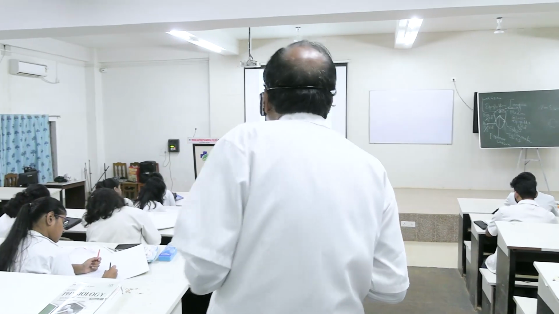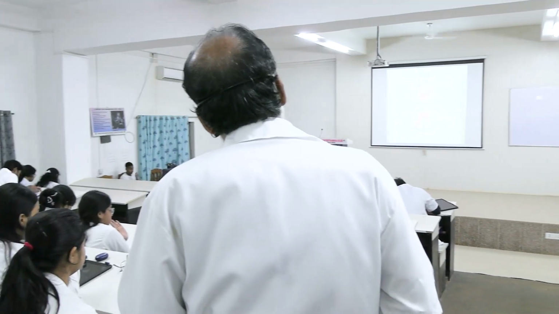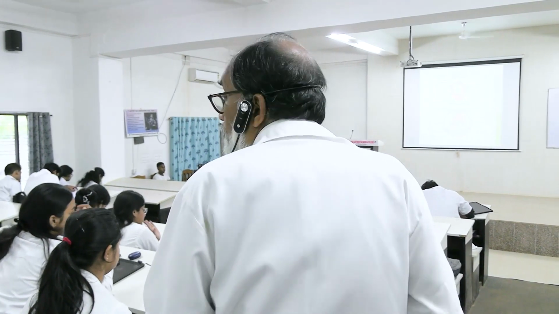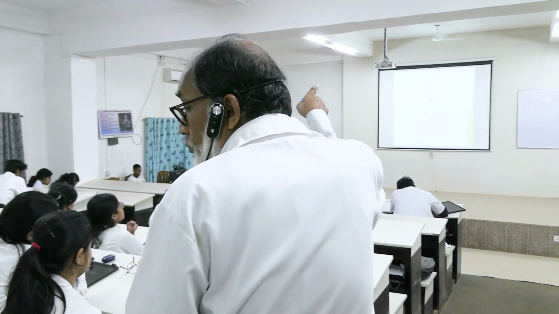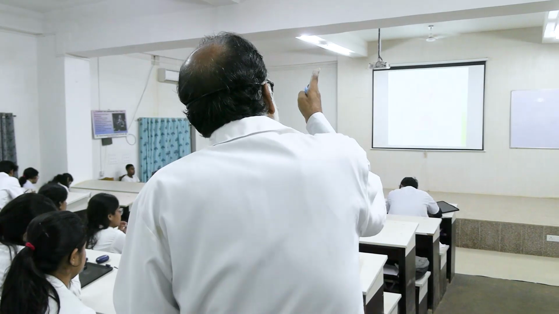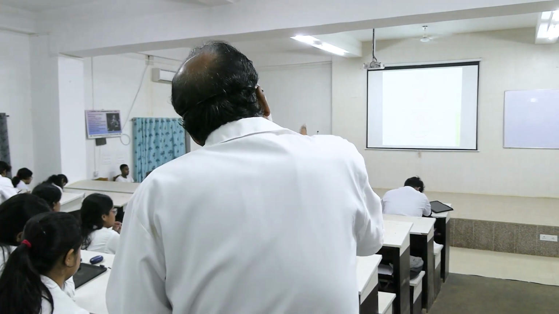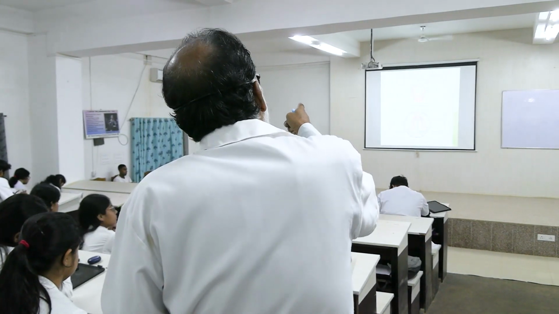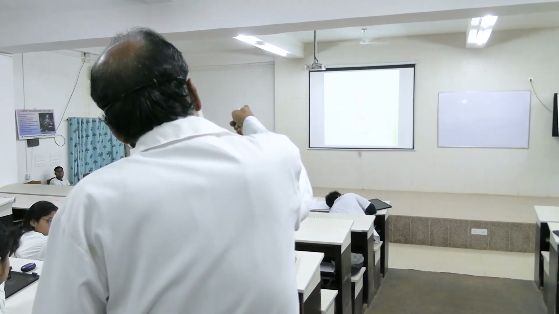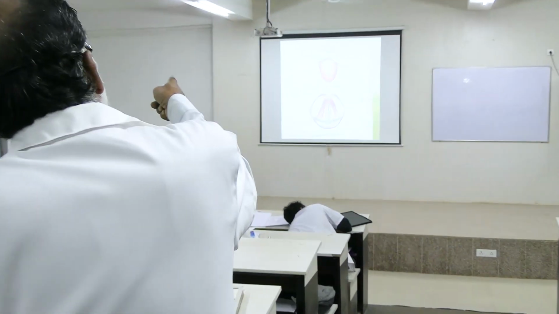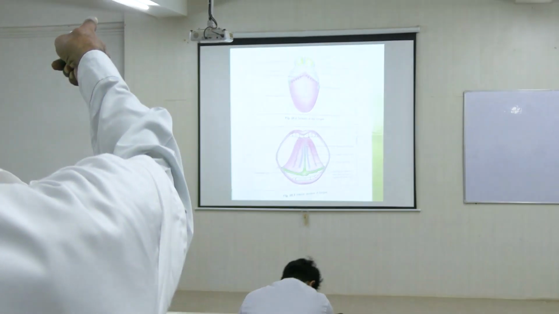Now again come to the posterior third. Here you see two yellow color depressions. There is a mucosal fold that extends from the foramen cecum up to the epiglottis.